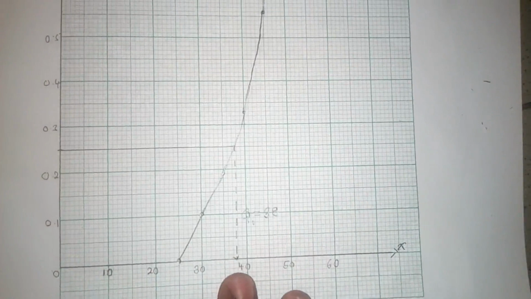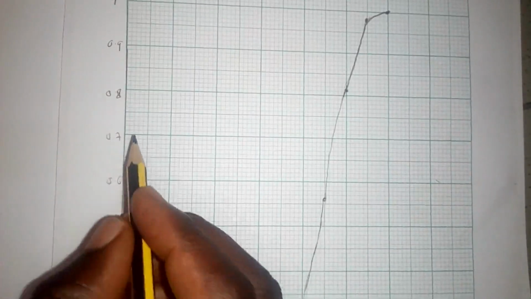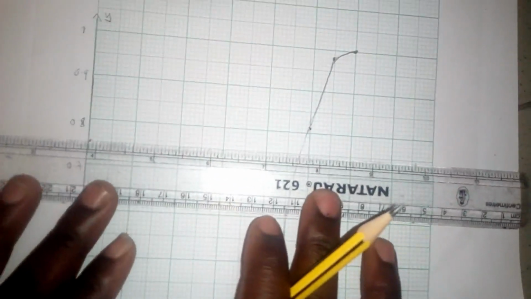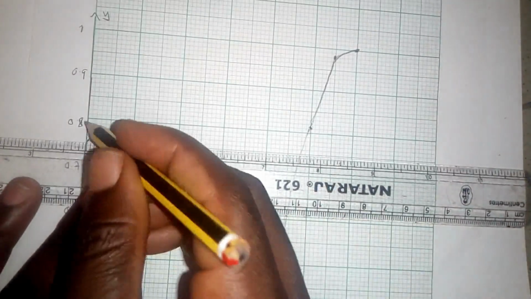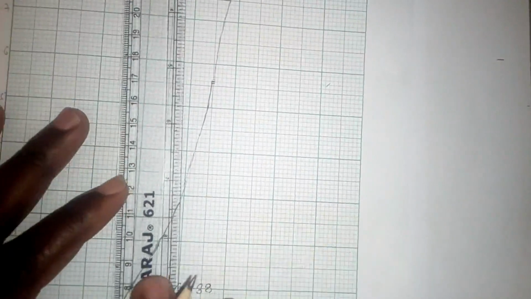We go to quartile 3. Quartile 3, we said, is 0.75, which is here. So you also make a line like this, then drop it.